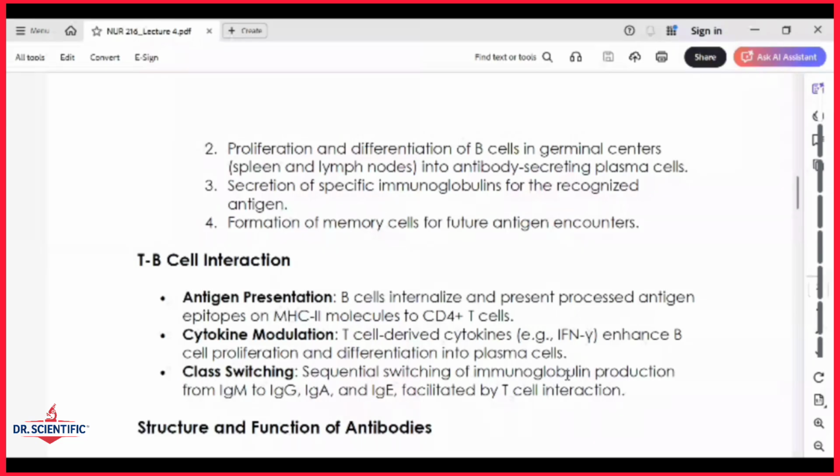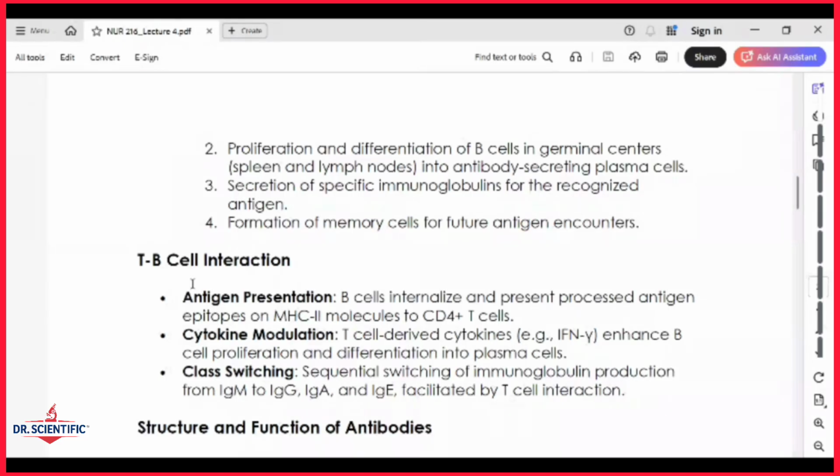So there is sequential class switching. Of course, initially we've seen that IgM is the one that is produced. Once IgM is produced, then there will be class switching to either IgG or IgA or IgE. And this is facilitated by the interaction between T and B cells.